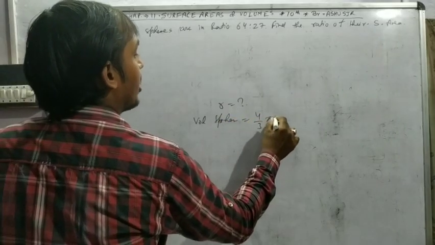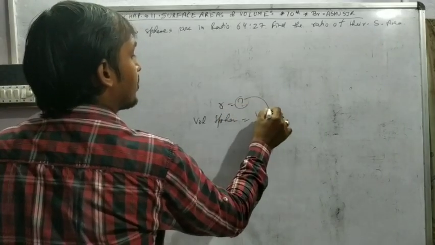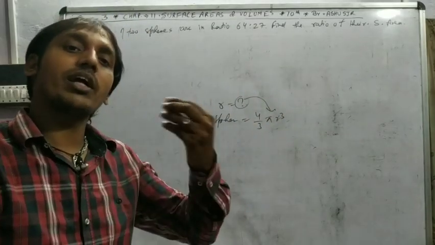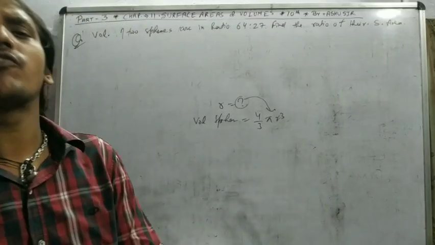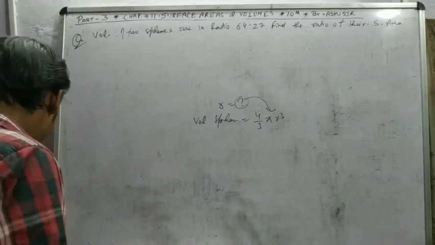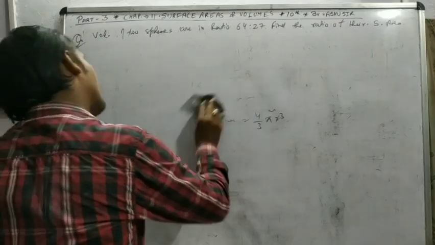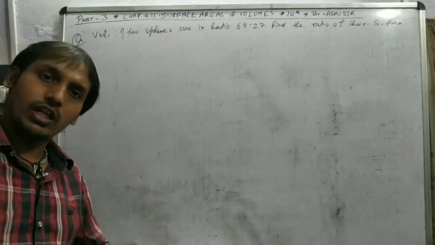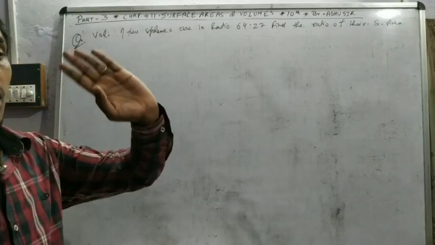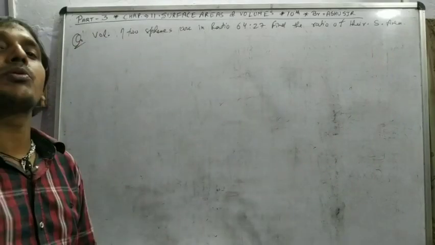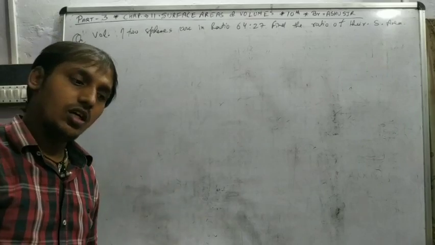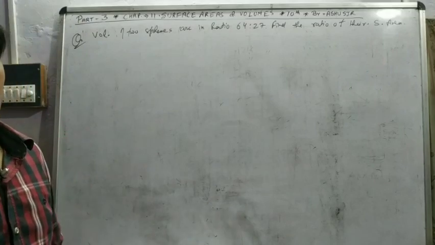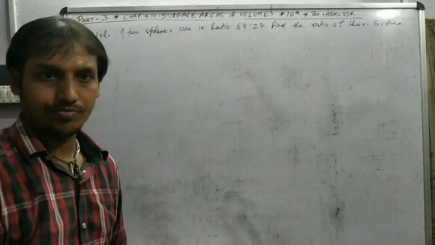So 4 by 3 pi r cube, the value of r is put here and you get the volume, or you get the total surface area, or curved surface area for any figure. For all these questions you have to use the direct formula. If the value is given, you can solve the question. But this is possible only when you have learned the formula. Otherwise, in mensuration you are unable to do anything.